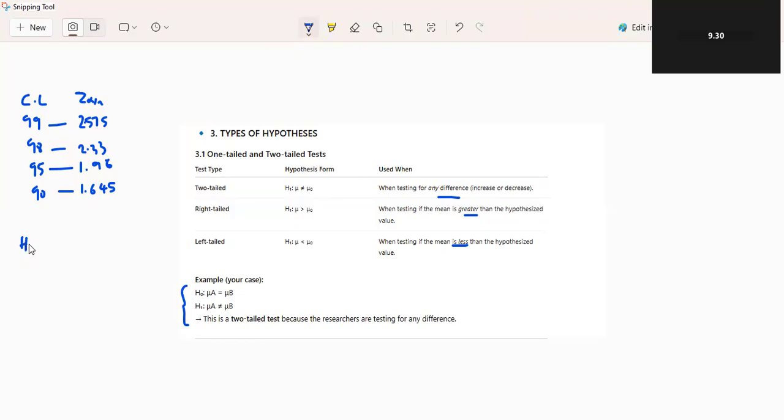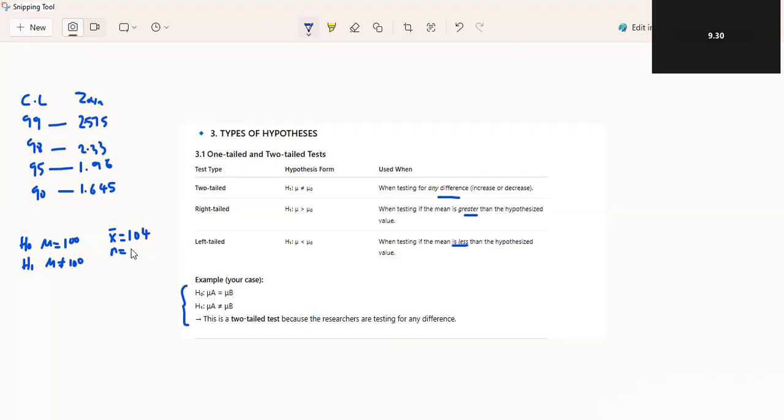Suppose we're given our null hypothesis that our mu is 100, and our alternative hypothesis, our mu is not equal to 100. Then we found our X bar is 104.